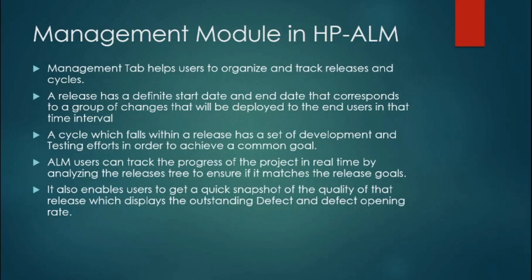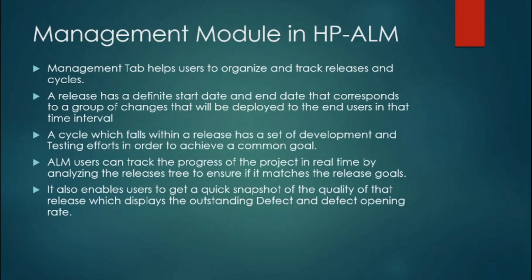So a release will have a definite timeline in which you have to complete the cycles falling under that particular release. Also, a cycle which falls within a release has a set of development and testing effort in order to achieve a common goal. So in HPLM we call it a cycle, in Agile we call it a sprint.